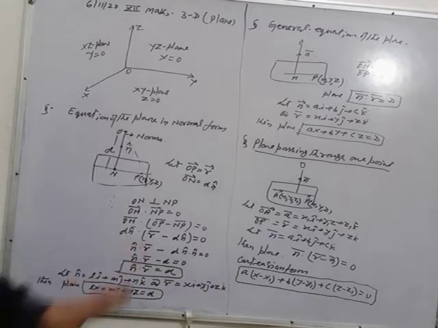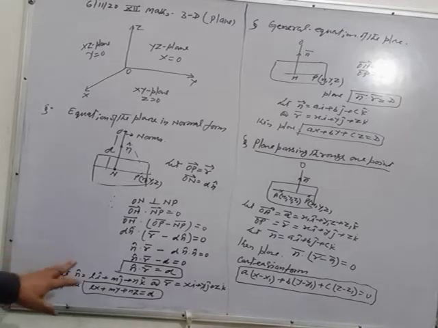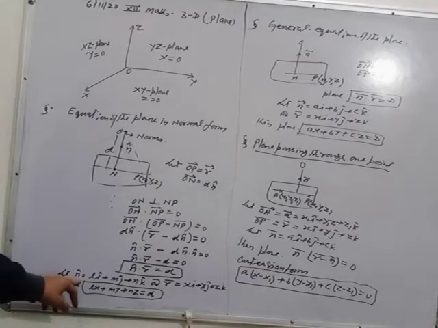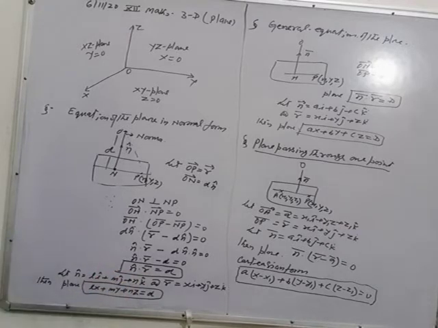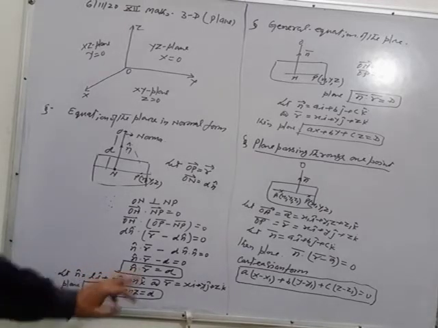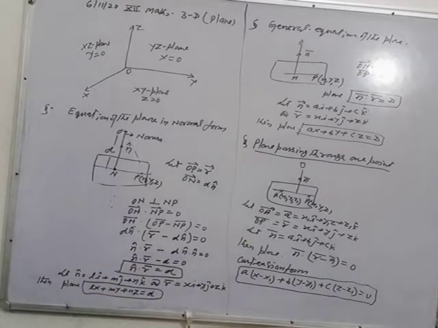N cap dot R is equal to d, here length of normal is d. And when you write in Cartesian form without vector, n cap unit vector, n cap you can take as Li plus Mj plus Nk, where L, M, N are direction cosines of normal.